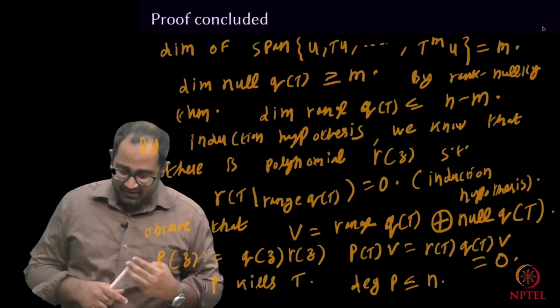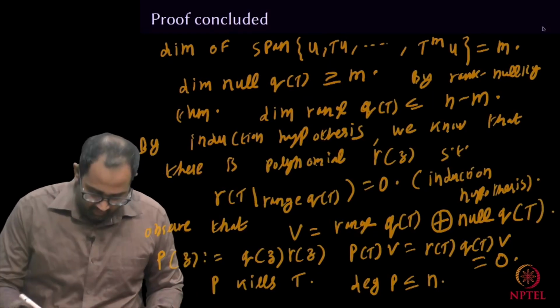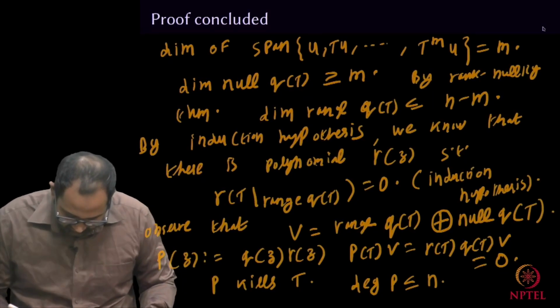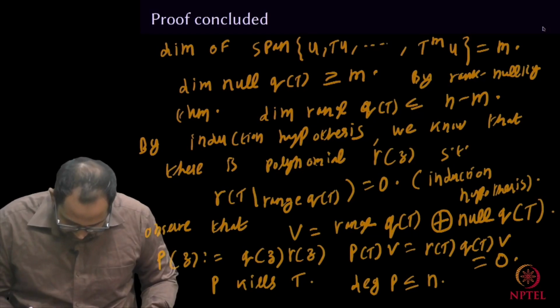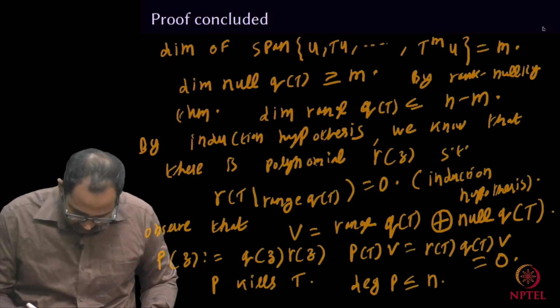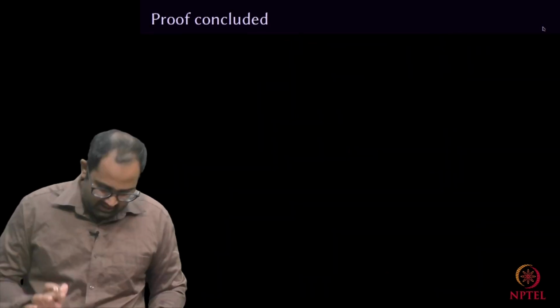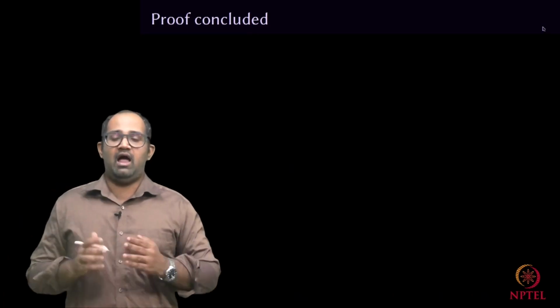But I have claimed that the degree of p is less than or equal to n. Now I have run out of space. Let me see if I can create a new page. Here is the place to add a new page. Yeah, thank you. So I have added a new page.